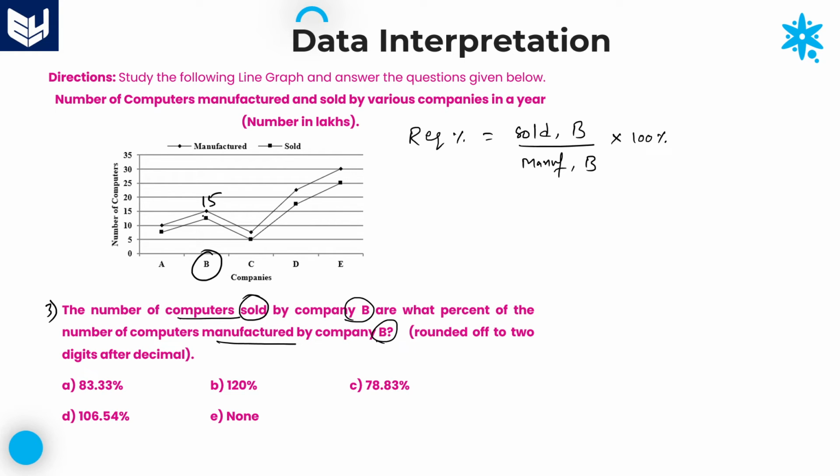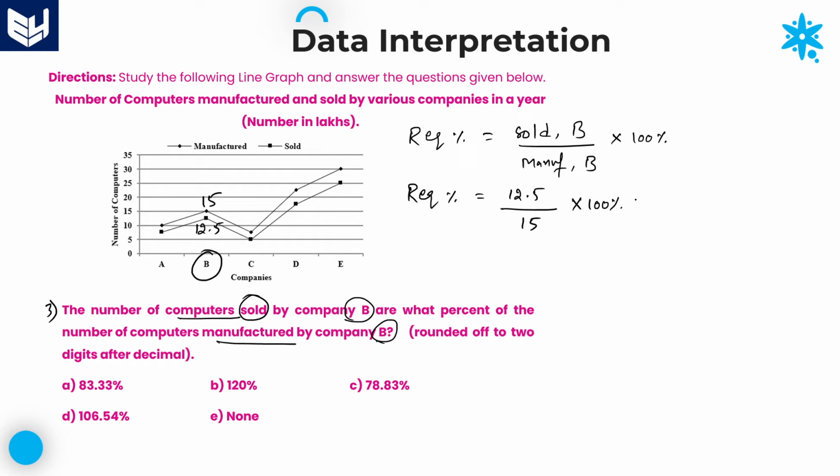Manufacturing is 15, whereas the number of computers sold is 12.5 lakhs. Therefore the required percentage is equal to sold values 12.5 divided by number of computers manufactured, that is 15. 12.5 divided by 15 into 100 percentage.